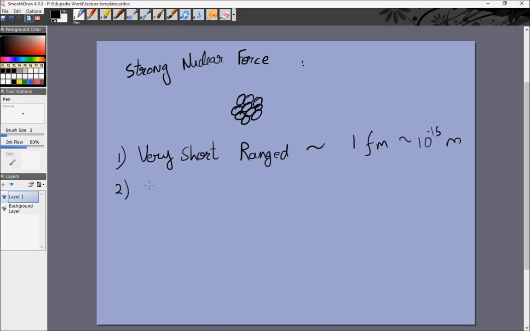Second, like I said, it is much stronger, roughly 100 times stronger than the Coulomb force or electromagnetic forces.